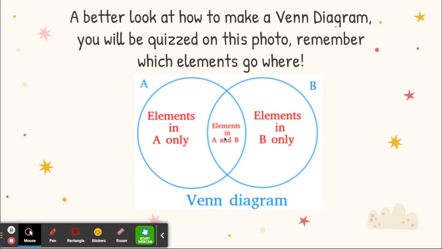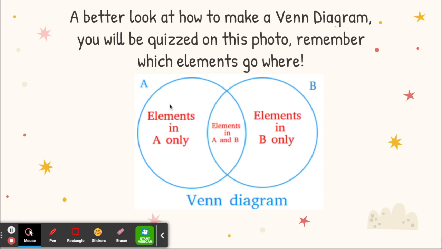So a better look at how to make a Venn diagram is right here, and this photo is not only important because it gives us more context, but you will also be quizzed on the photo. So remember which elements go where. Right here we have topic A, and here we have topic B. We have the same circle situation.